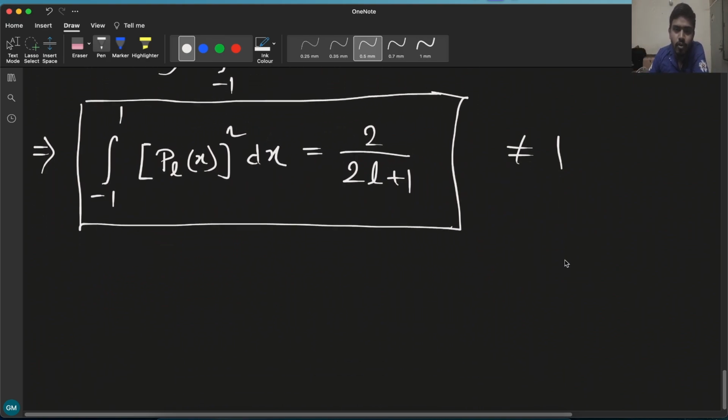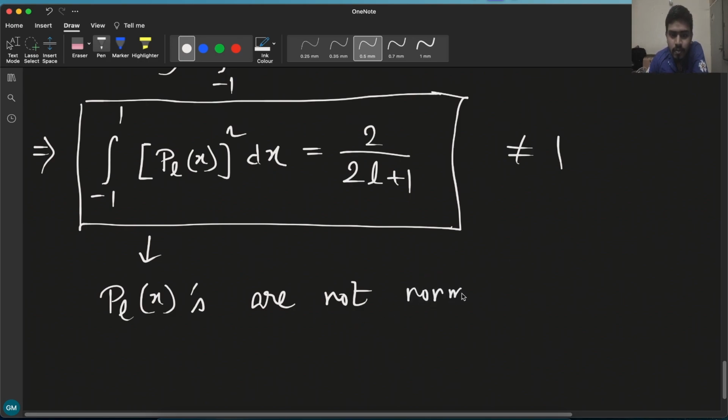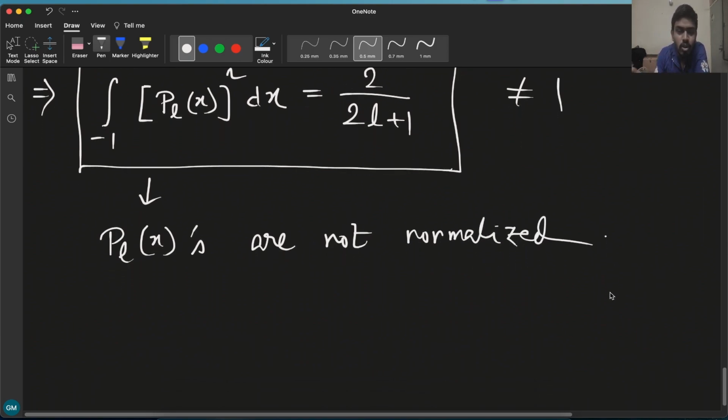The dot product of P_l(x) with itself is not equal to 1, so these are not normalized, but they are orthogonal.